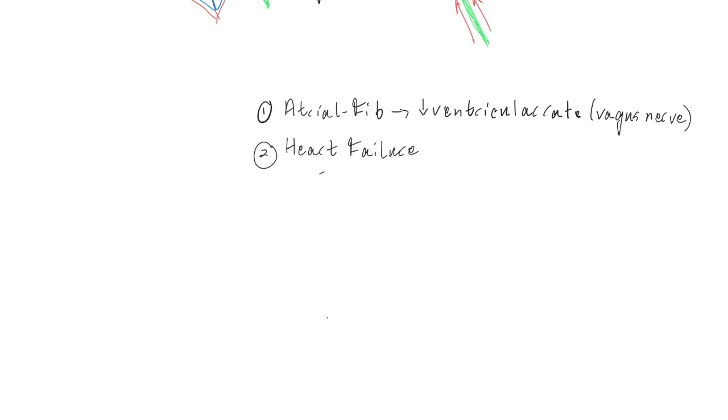Well, there's two kinds of heart failure. There's heart failure with reduced ejection fraction. That's what HFrEF stands for, heart failure reduced ejection fraction. And then we have heart failure preserved ejection fraction.